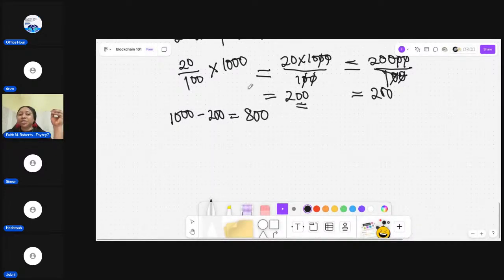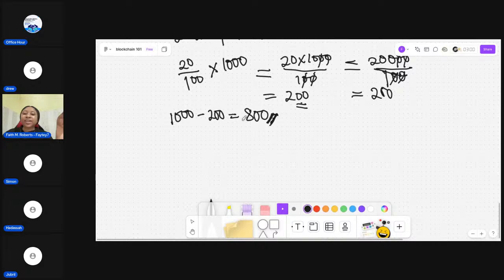Now this is not the full picture, and that is why we are not seeing some other variables in play here, because we are not solving for how much is left. So 1,000 minus 200 gives us 800. So this is the balance, the current balance available. The total supply is still the same, but from wherever it was disbursed from, this is what the balance is supposed to be in the particular wallet it was disbursed from.